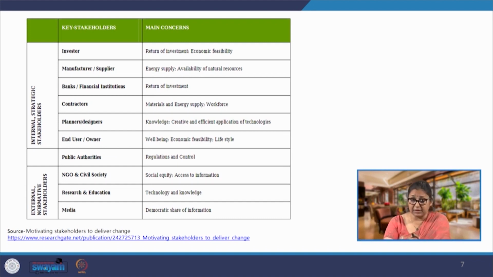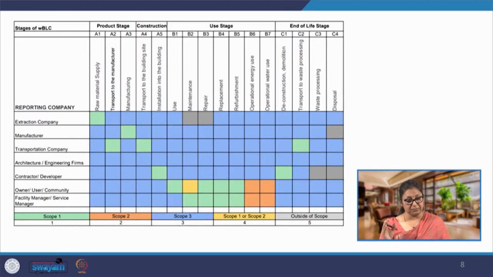So, their main concern is technology and knowledge, and we also have media where their main concern is democratic sharing of information. Now, with this understanding of the stages of building life cycle and also the key stakeholders, if we look at where the scope 1, 2 or 3 emissions are going to be through the entire life cycle of the building, approximately this is what we will get.